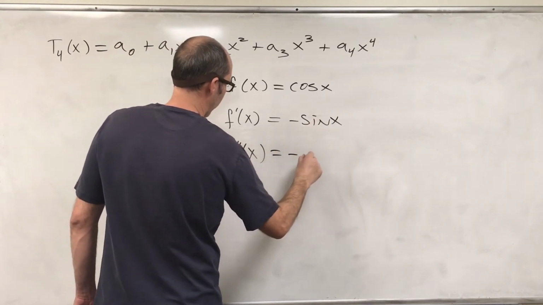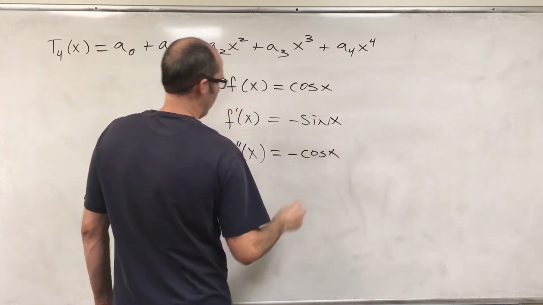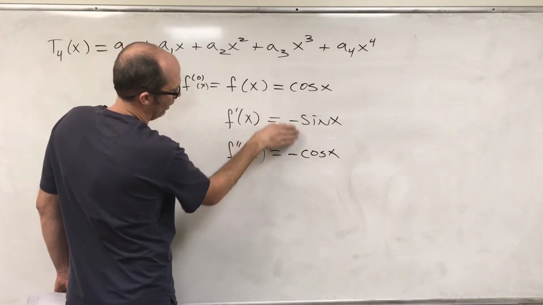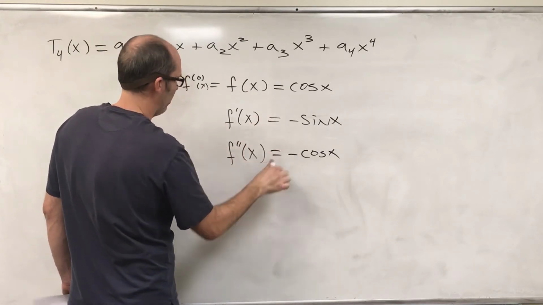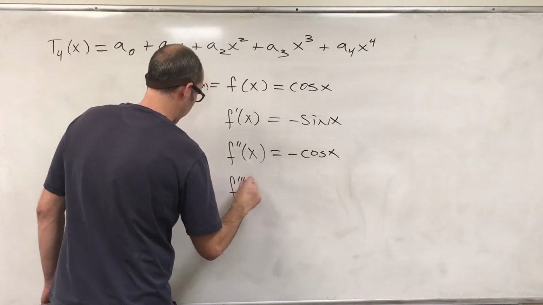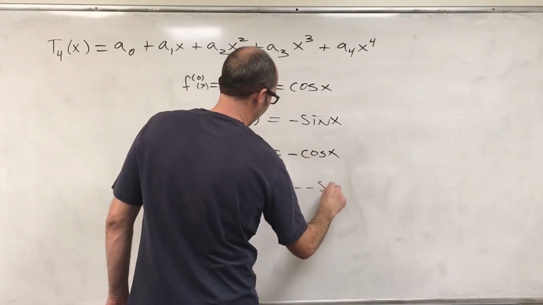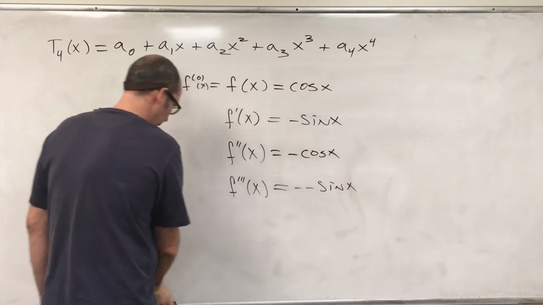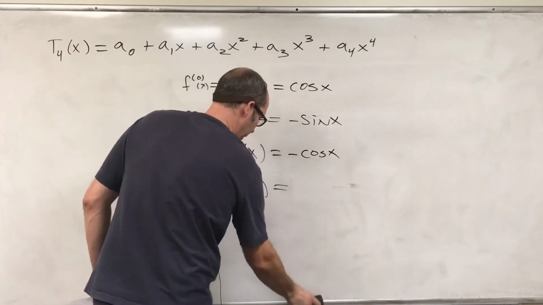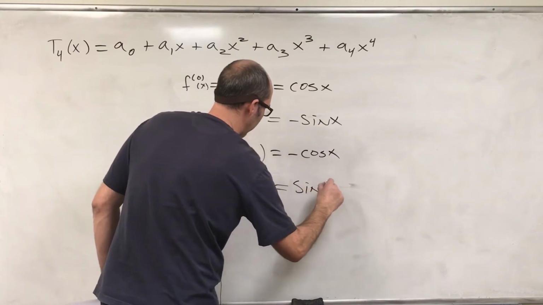Derivative of sine is cosine. The negative stays along for the ride. Derivative of cosine is negative sine, so we got negative negative sine. Negative negative sine, as we know, is just sine.